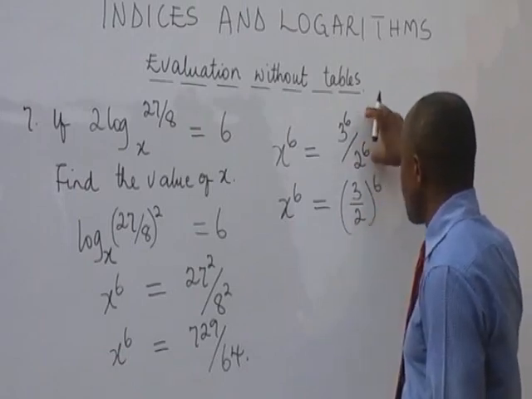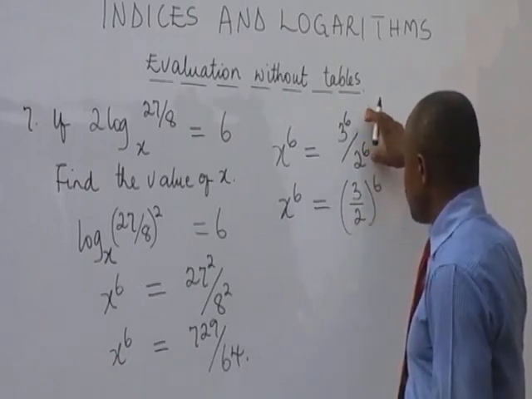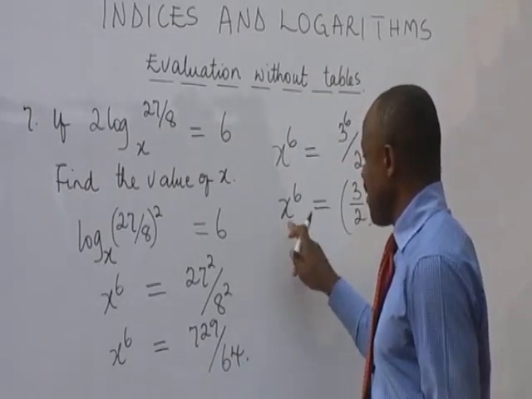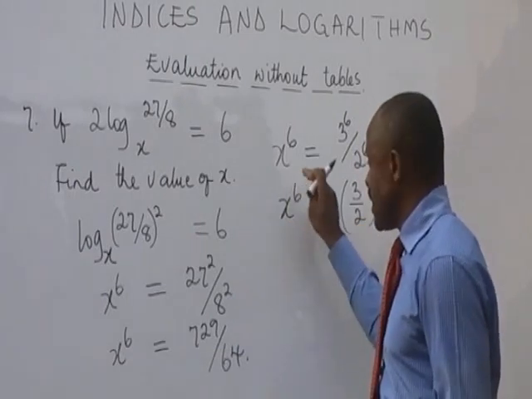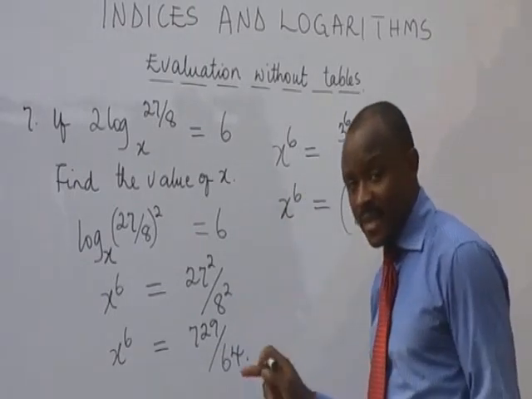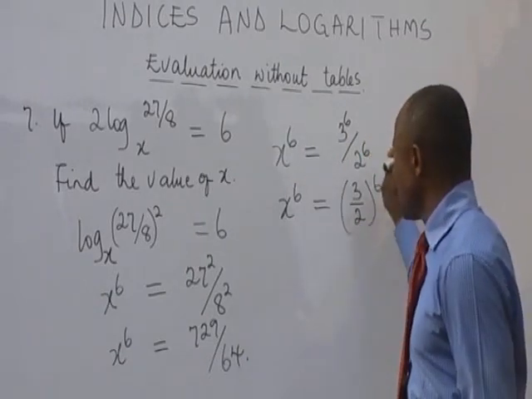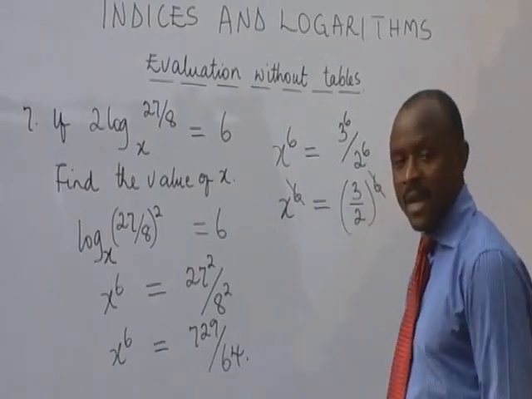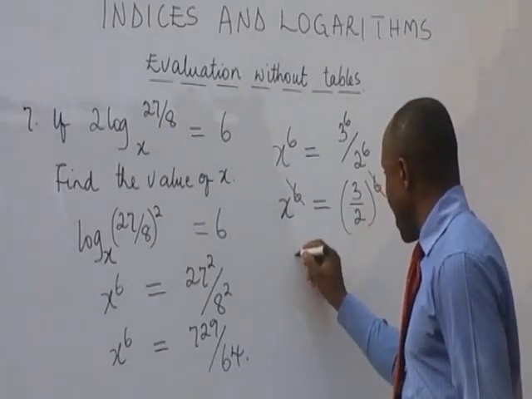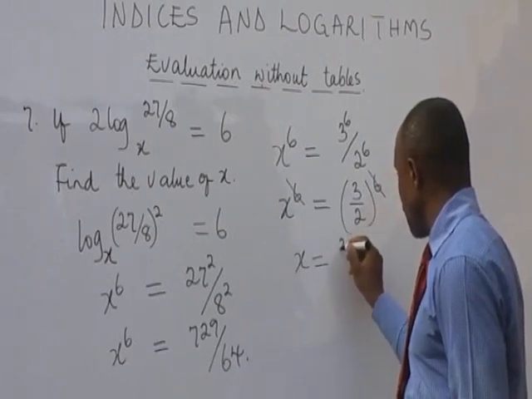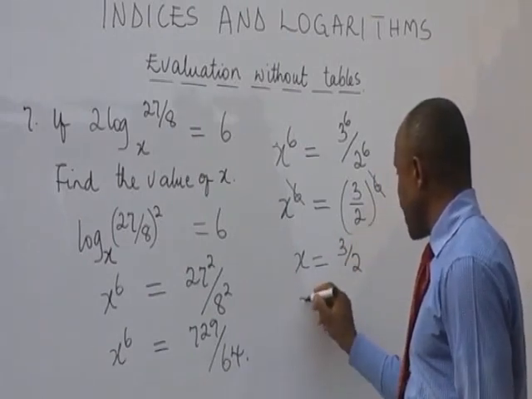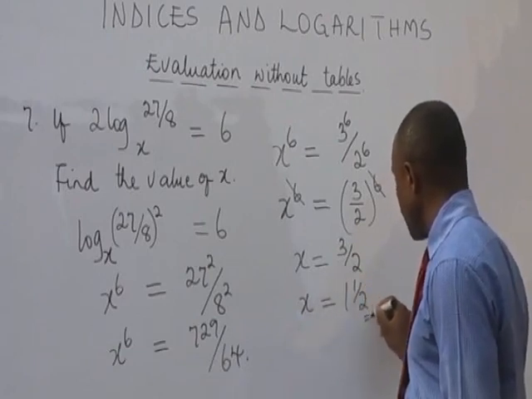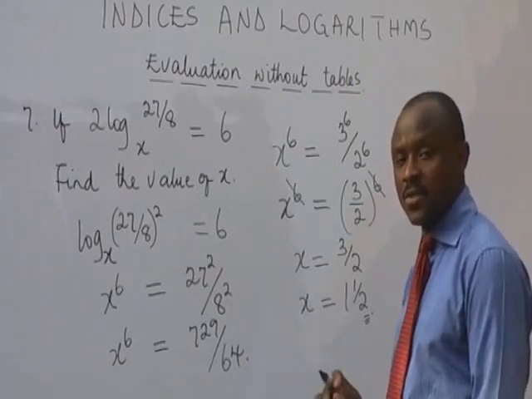That's the meaning of this. Now that you have the exponents, remember in our previous practices, we had the same bases and we equated the exponents. In this case, we are having the exponents, so we drop the exponents and equate the bases. Now you have that x is equal to 3 all over 2, and 3 all over 2 in mixed fraction form becomes 1 whole number 1 all over 2. And that gives you the answer to that question.